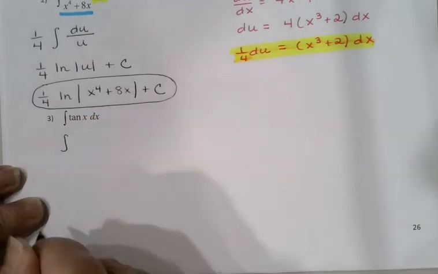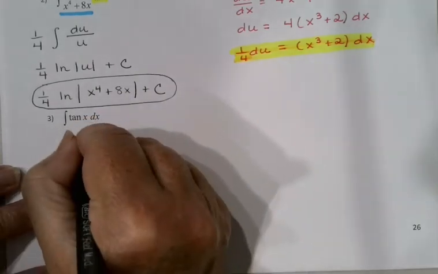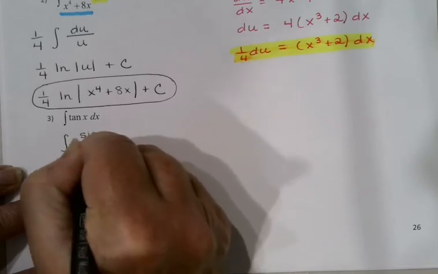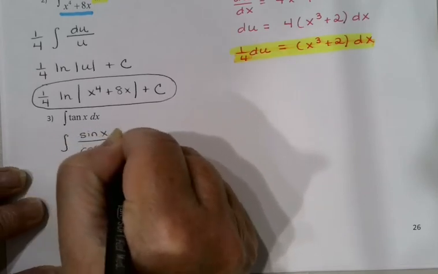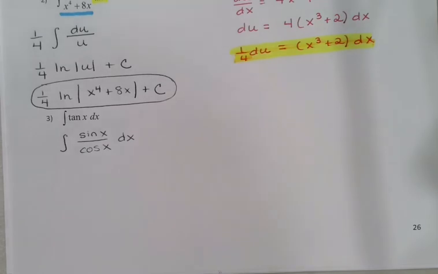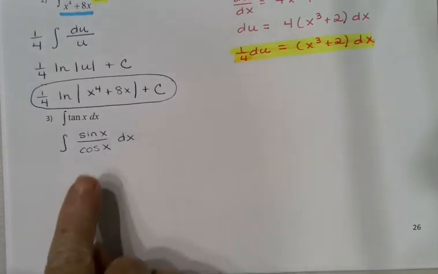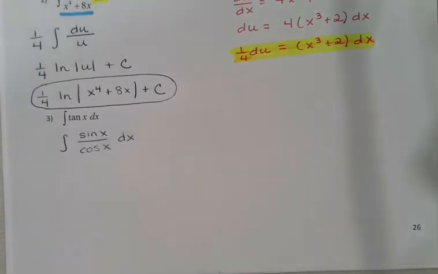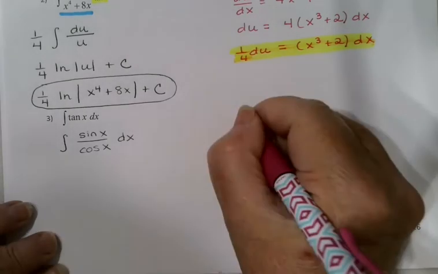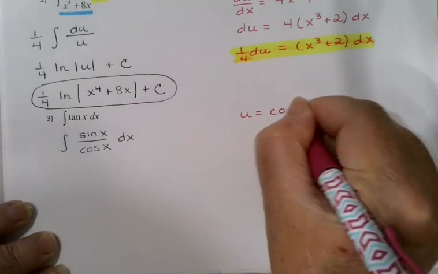One common trig identity to use for tangent is sine x over cosine x. And as soon as I've got a fraction, letting u be the denominator is a possibility. So let's do that. In this case, u would be cosine x.